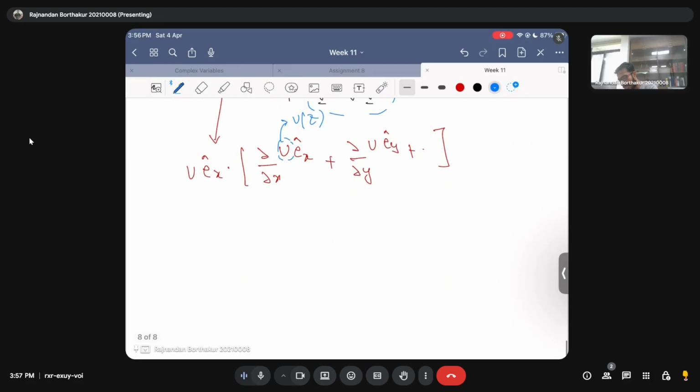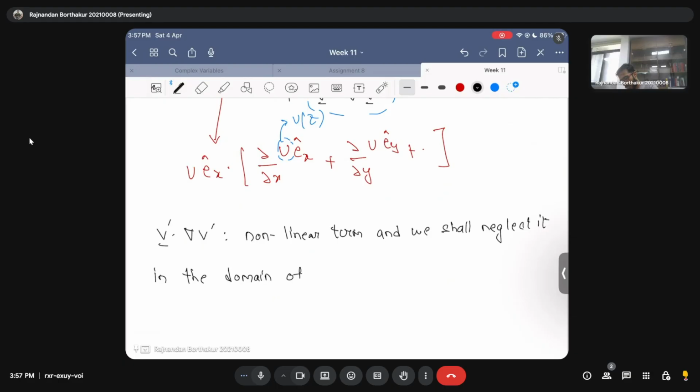Okay, so I'll write it down because this is important. So this term v dot grad v, this is a non-linear term, and we shall neglect it in the domain of linear stability analysis.